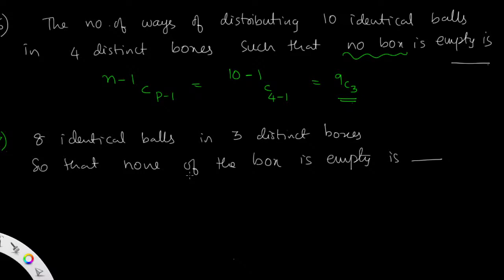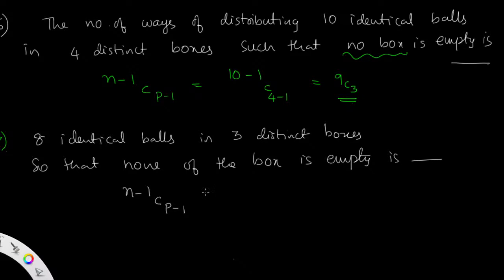Yes, 7. No, observe once again. None of the boxes is empty. The formula is n minus 1 C p minus 1.